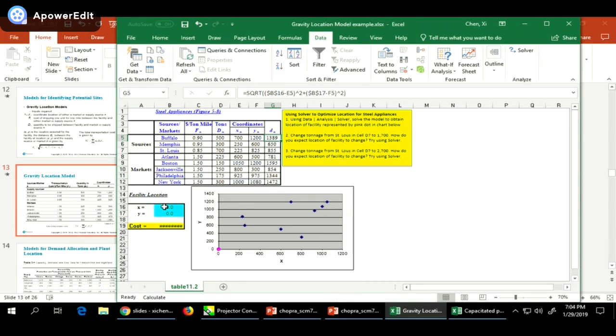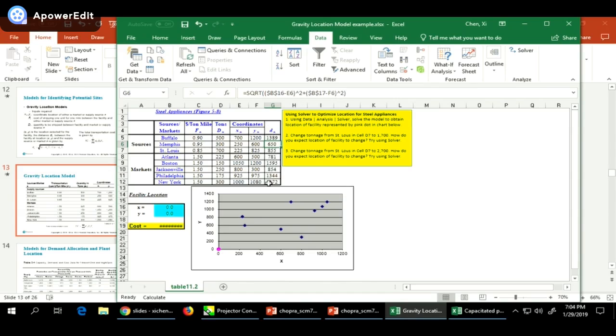Our decision is the location of the facility, so to decide that, we specify the values for X and Y. Then the distance between the facility and a supply source is calculated using the Euclidean distance.